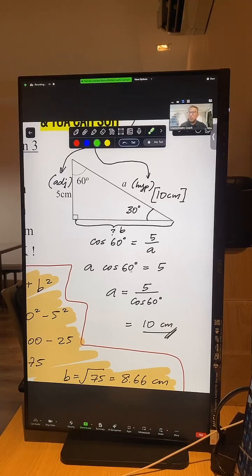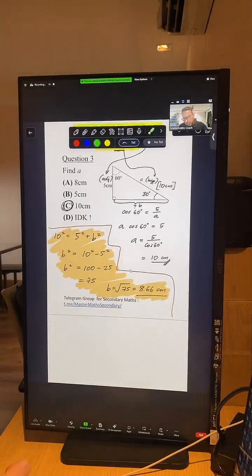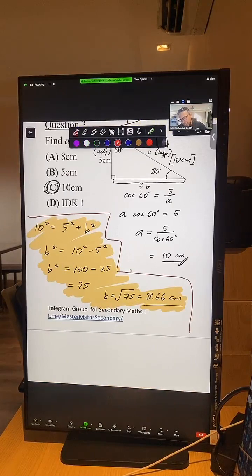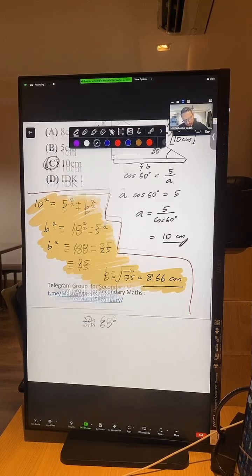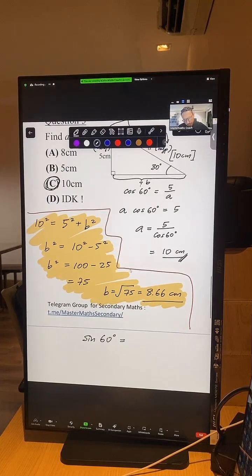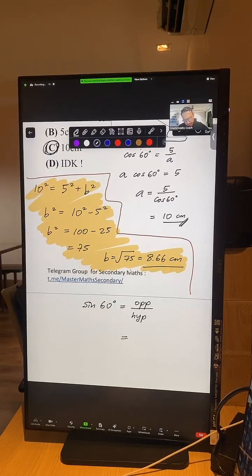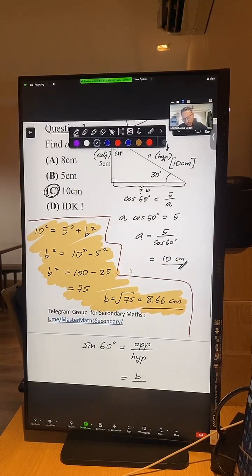So hypotenuse and opposite, we are going to use sine, because sine is SOH. So we have sine 60 degrees equals opposite over hypotenuse. The opposite side is B, the hypotenuse side is 10.